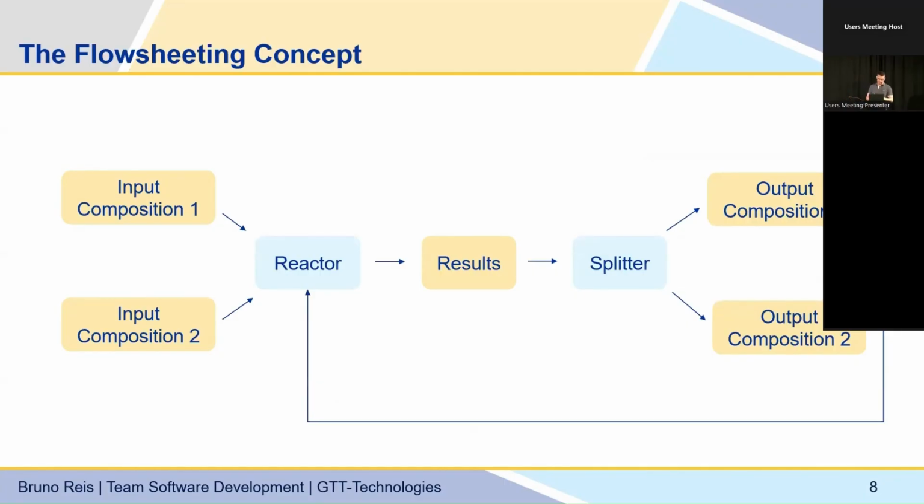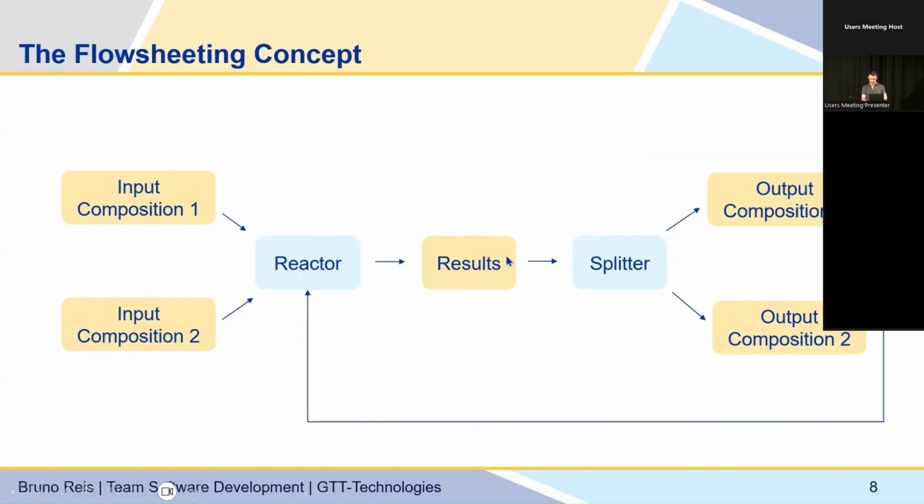And then I just took this as a very simple flow sheeting concept. Flow sheeting meaning how to set up or to think about a model for a process. And this is a very simple way of doing it. So as you saw already with the other tools, we have some boxes that represent the starting point, the initial compositions, for example, input composition 1 here and input composition 2. And then we want them to go to a reactor.